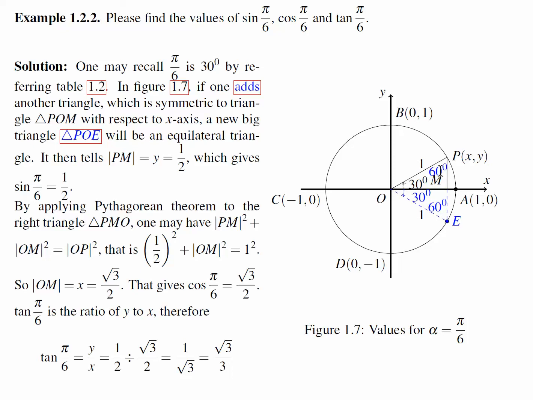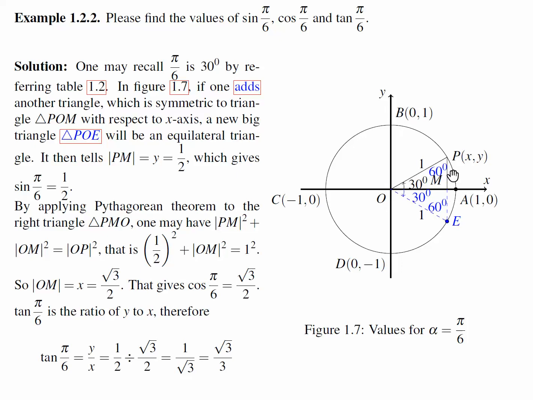60 plus 60 plus 30 degrees is going to be 180. 180 degrees is the sum of all three angles. So this is an equilateral triangle, and all three sides, OP, PE, OE, are equal.